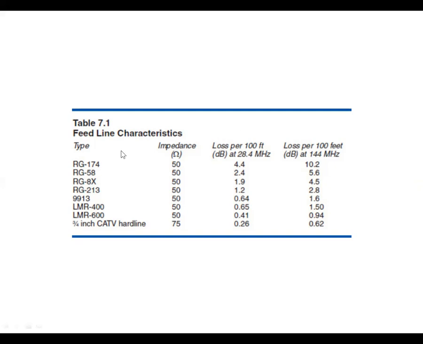Feed line characteristics, different types of coax cable. The ones listed here are fairly representative of what's common. They have different impedances depending on the impedance of your antenna. The other thing these coax cables differ in is loss per 100 feet.